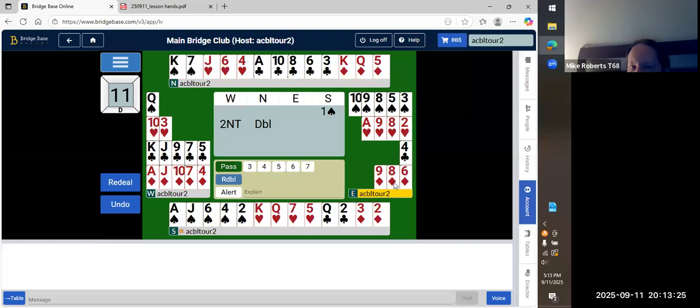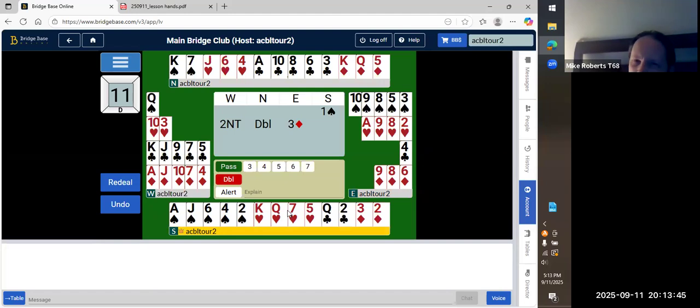So we start with a double. East bids 3 diamonds because they have a strong preference for diamonds over clubs. South might be tempted to bid 3 hearts here, but it's sort of overruling partner's request. Partner said, I'm interested in doubling 3 diamonds.